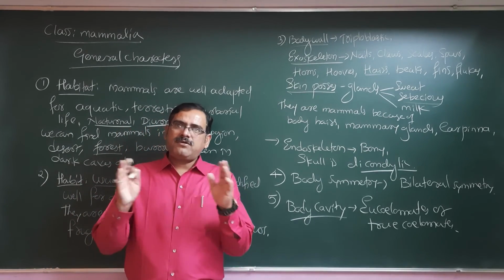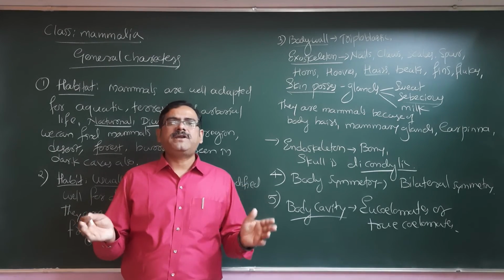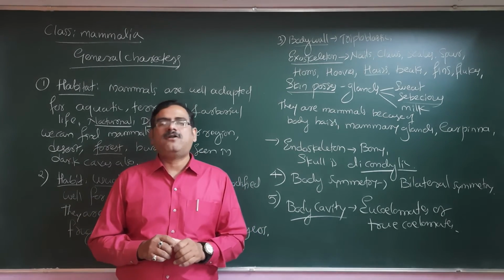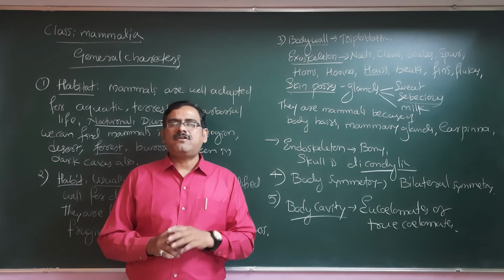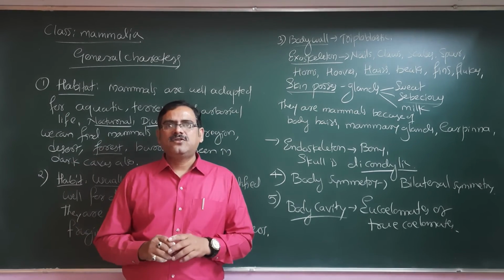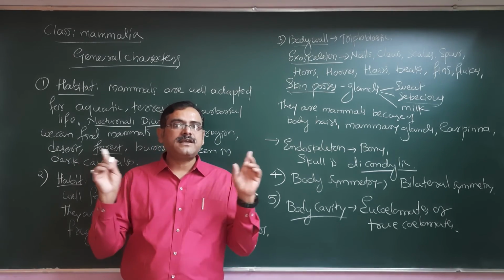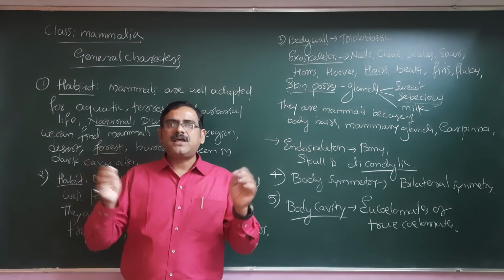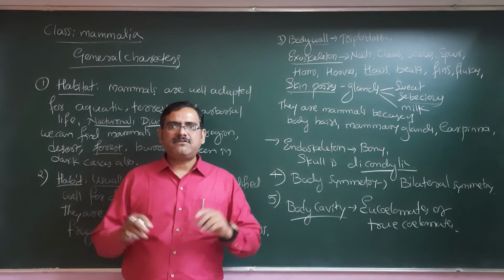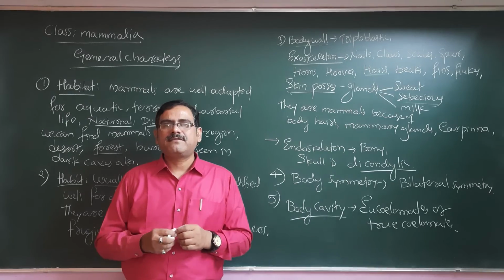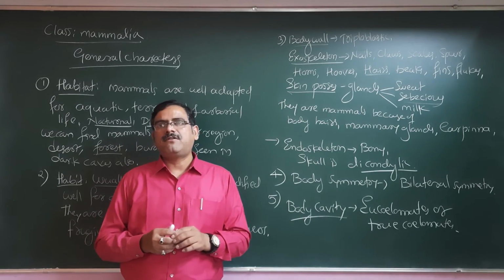But herbivores have also developed certain adaptations to escape from the carnivores. How? Herbivores have eyes on the right side as well as the left side, so they can just keep moving and they can have 360-degree visual ability. Herbivores have long ear pinna, whereas the carnivores don't have such long ear pinna.